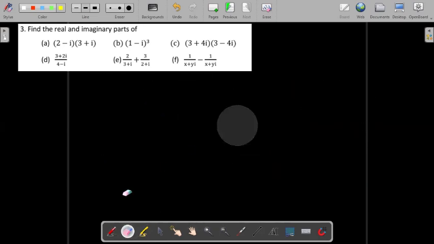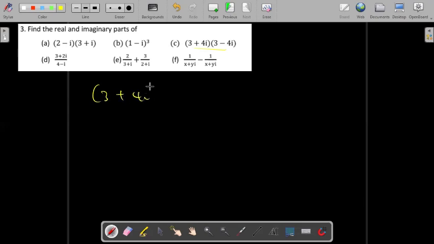Okay, so do the same for this part. We just do the same as we did in the first one. So you have (3 plus 4i) times (3 minus 4i). You see that you get 9, then that will be minus 12i, then plus 12i, then you're going to get minus 16i squared.